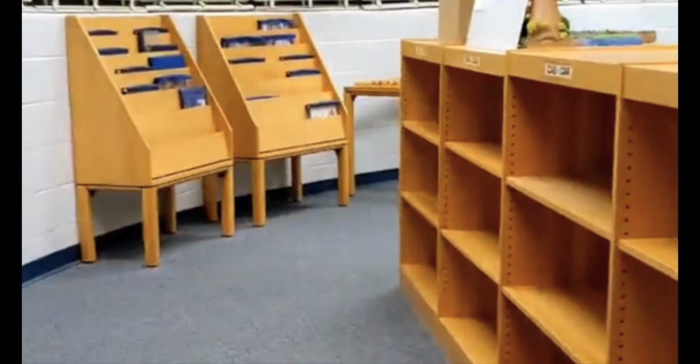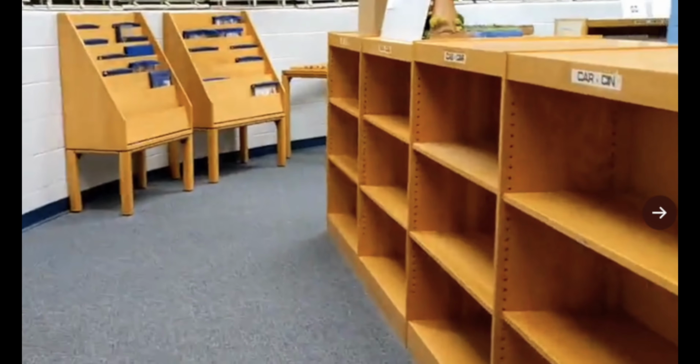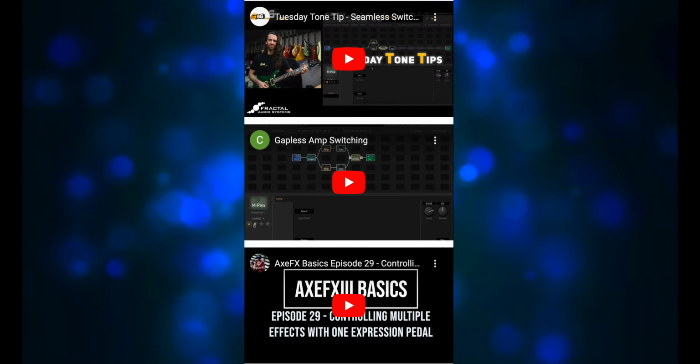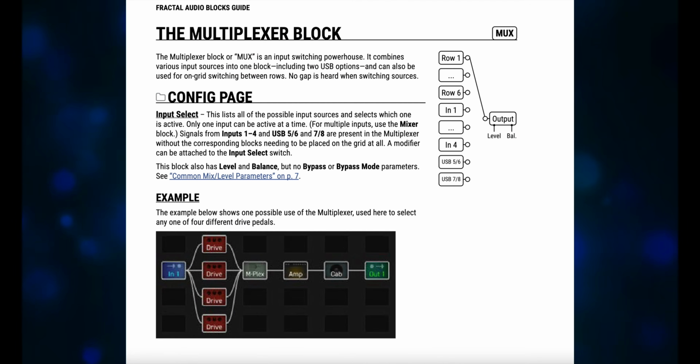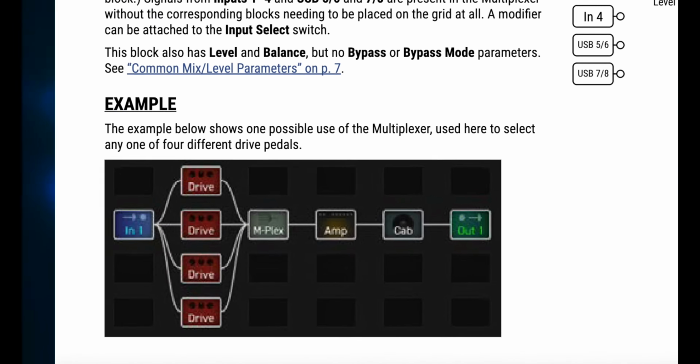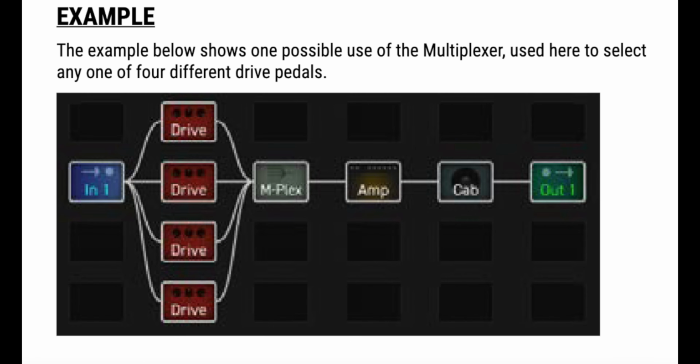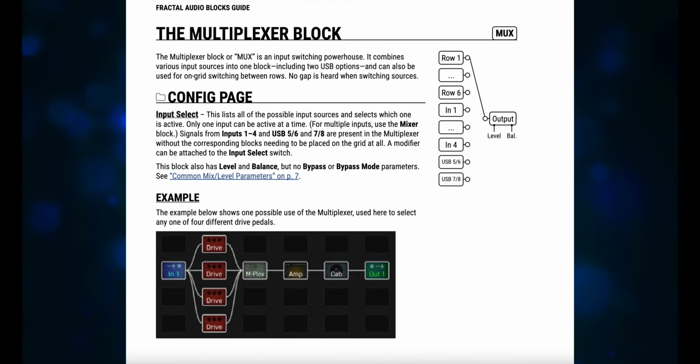There's not a lot of information available on the multiplexer. There's a few videos on YouTube, plus there is this from the Blocks Guide. Now, I'm not going to sit here and read the whole thing. You guys can download the Blocks Guide and read it, but it just talks about what it is, the config page, and then there's an example. The example below shows one possible use of the multiplexer, used here to select one of 4 different drive pedals.